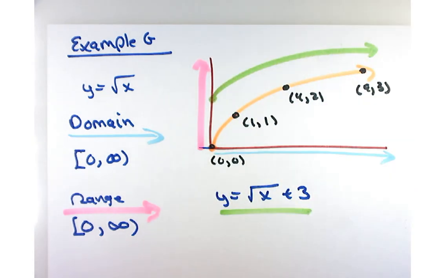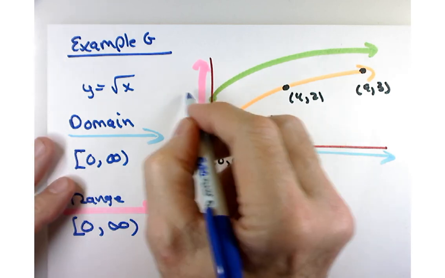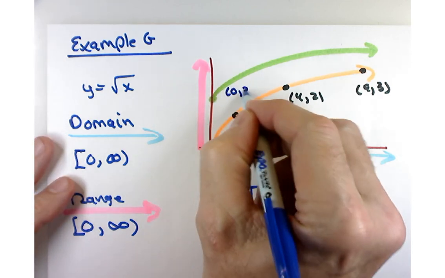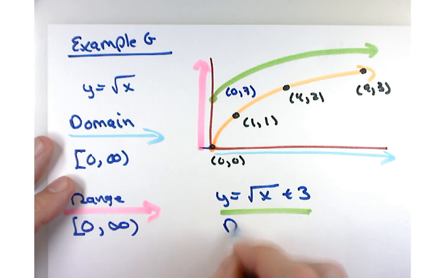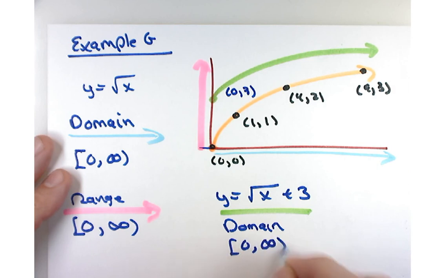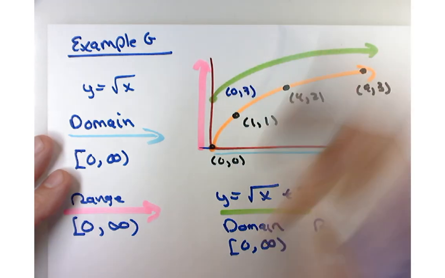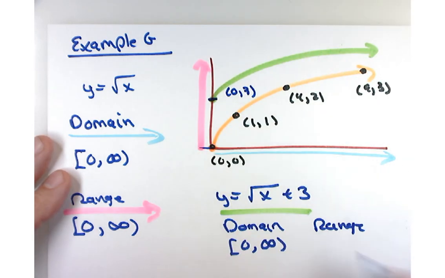So this point is at (0, 3). So the domain is still going to be the same. It's still going to be 0 to infinity. But what about the range of this function? 3 to infinity. Nice.